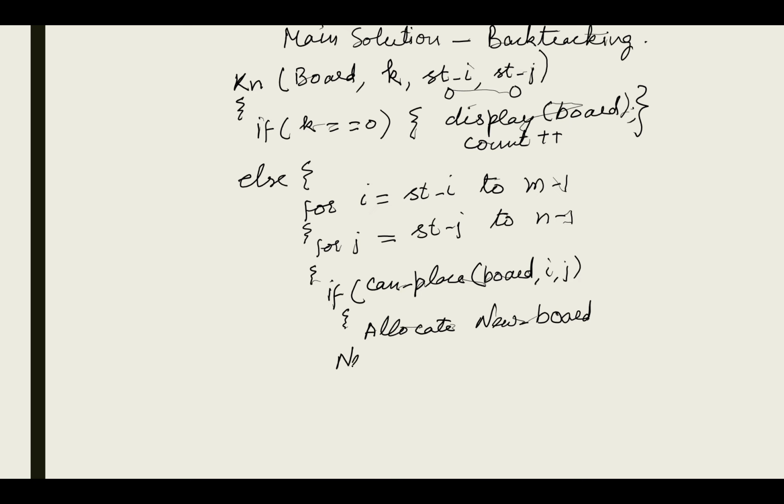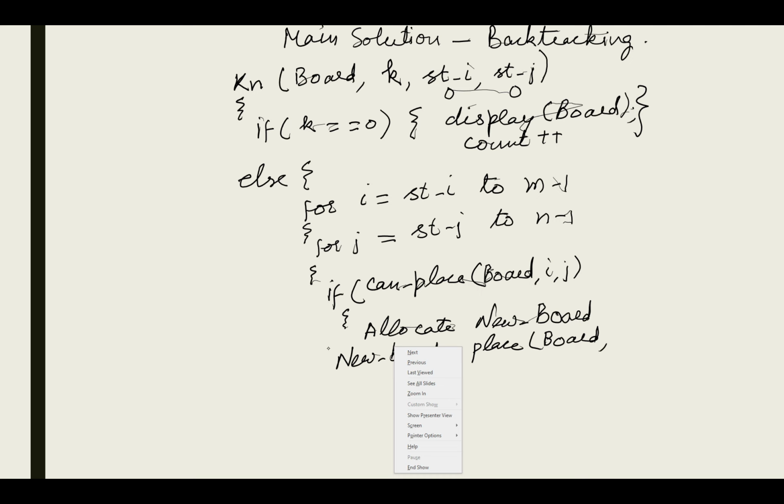Now this new board: we know that when we call the place function it returns a new board, so we have to assign that to this. So we have to place on the board, and this board is the previous board which actually is passed on to this function, and now the new board.